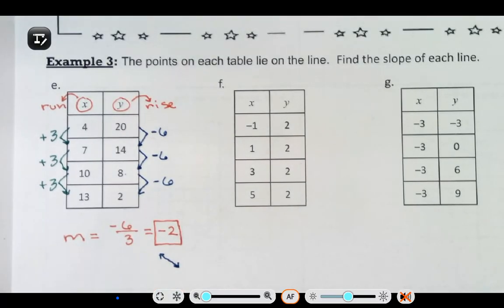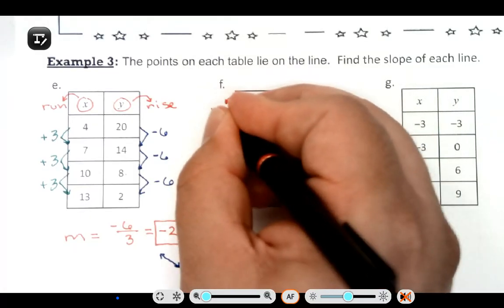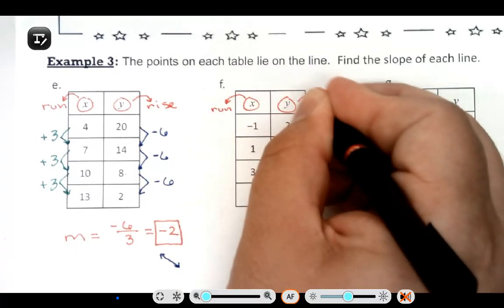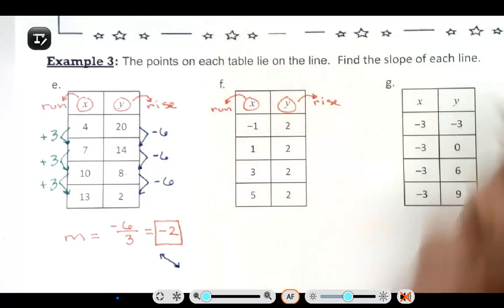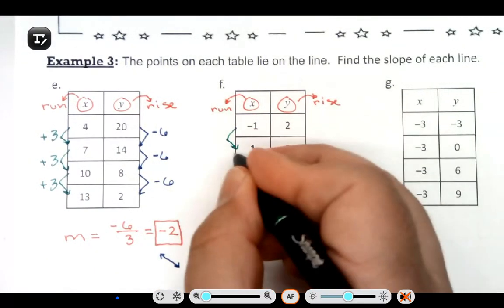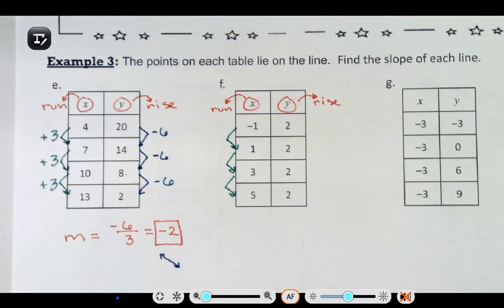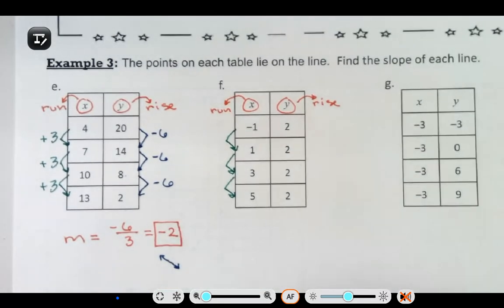Let's continue the practice. Again, your X is your run, your Y is your rise. So let's get that pattern going. Let's look at these X's here. We just want to know how much they are growing. They're getting bigger and bigger. So we just want to know how much the increase is.